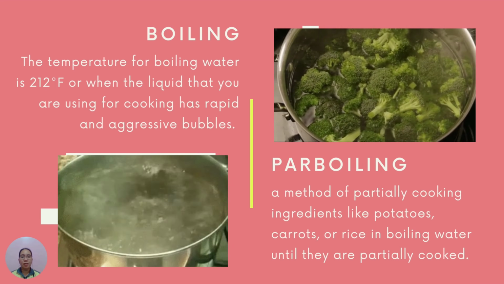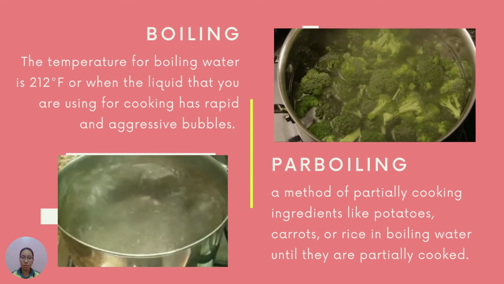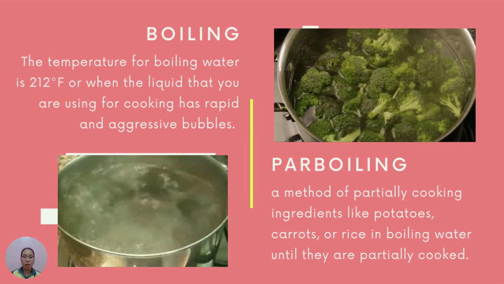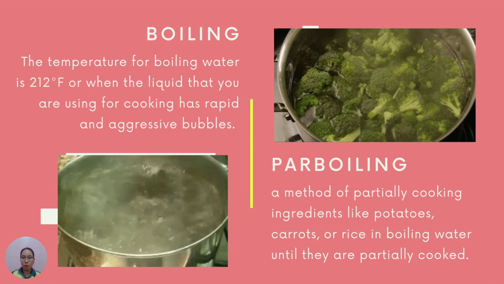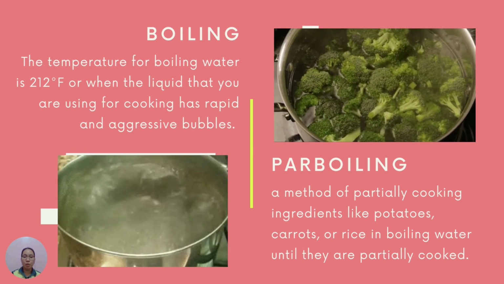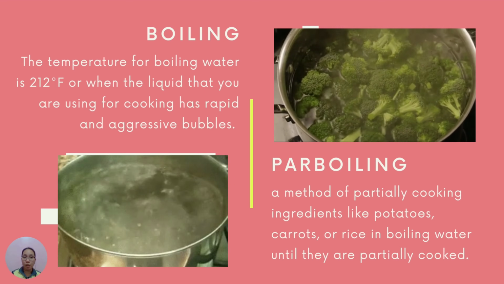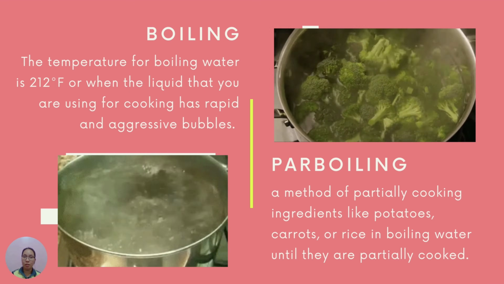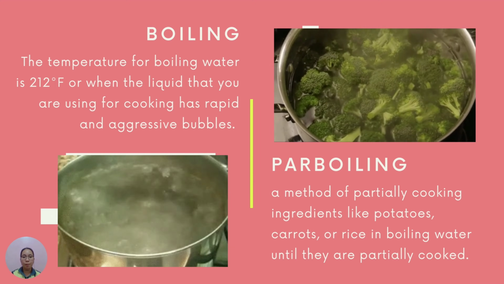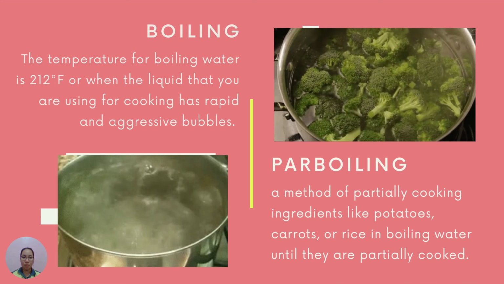While parboiling is a method of partially cooking ingredients like potatoes, carrots, or rice in boiling water until they are partially cooked. The difference between parboiling and blanching is that when you blanch, you have to submerge it in cold water. Pero si parboiling, no need to submerge. Okay?